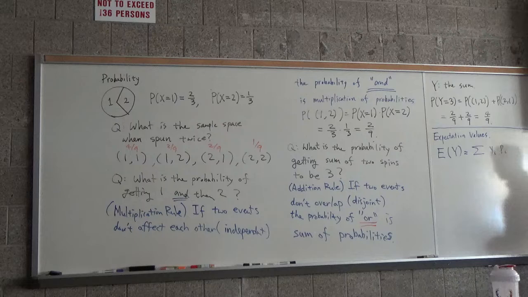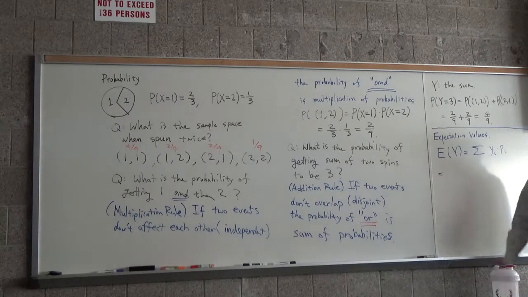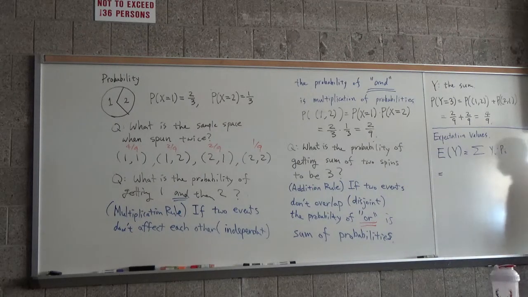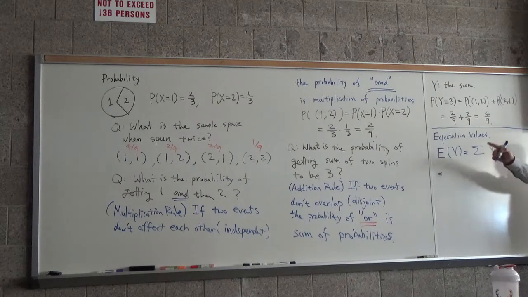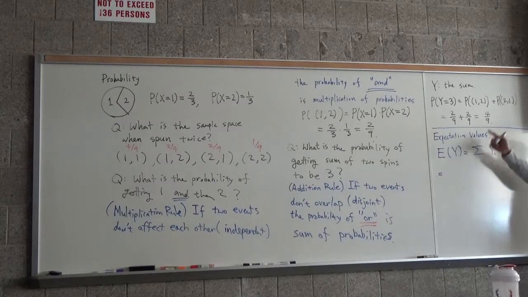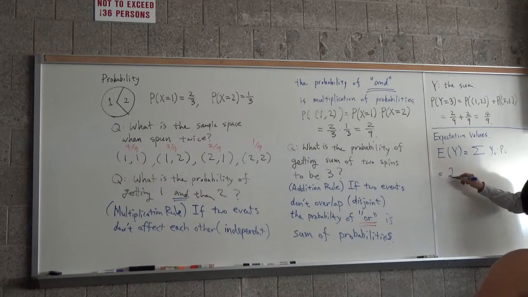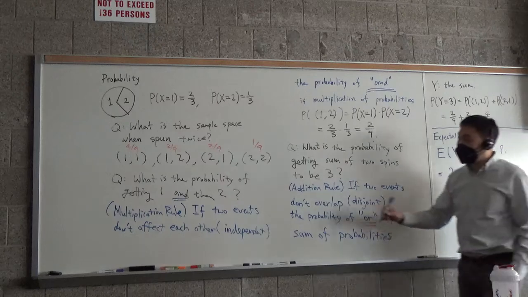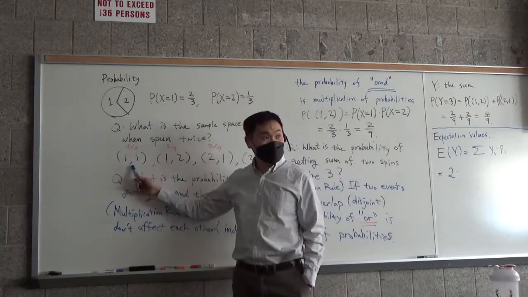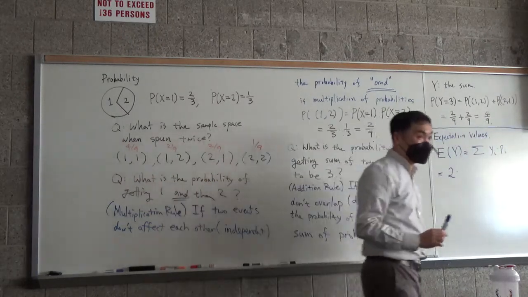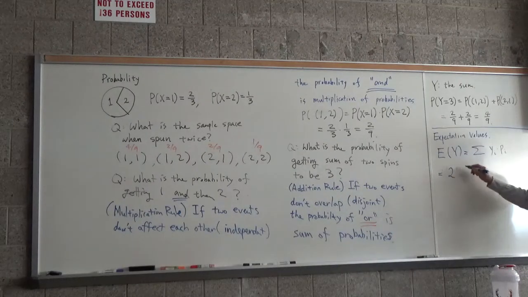So what's the least number that y can have? No, that's x when you spin just once. Y is spinning twice. So if you get 1 and 1, then how much do you get? 2. What's the probability?